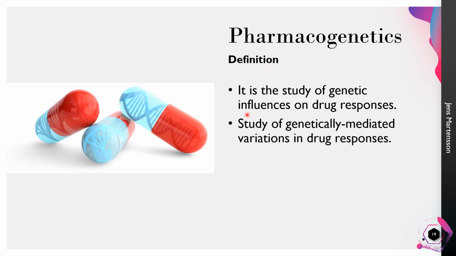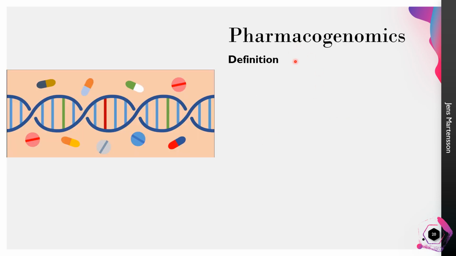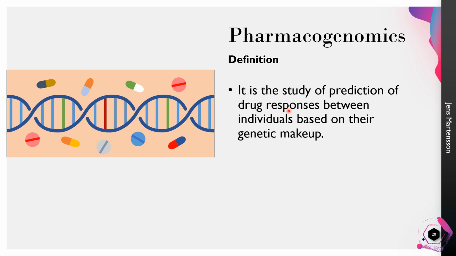It is also the study of the genetically mediated variations in drug responses. For pharmacogenomics, this is defined as the study of the prediction of drug responses between individuals based on their genetic makeup.